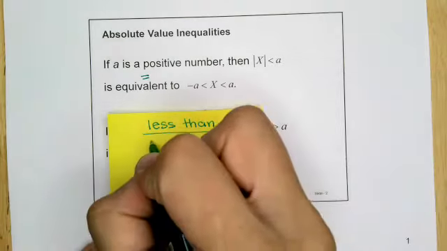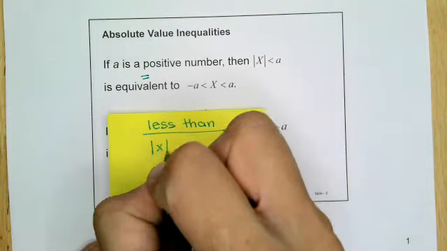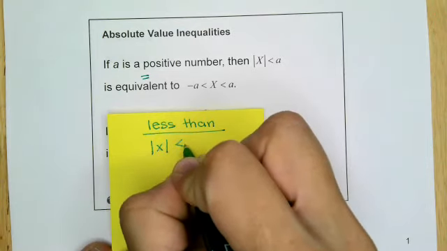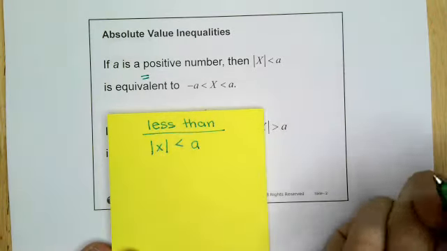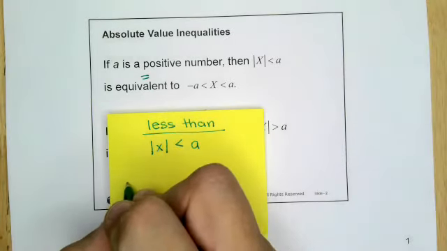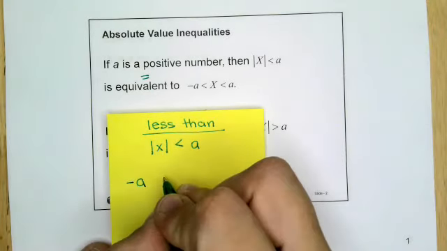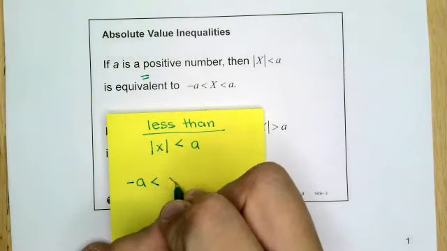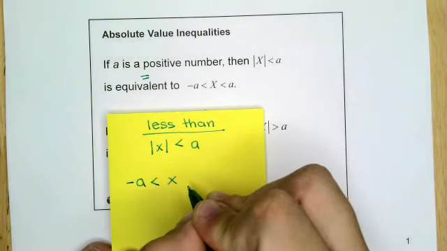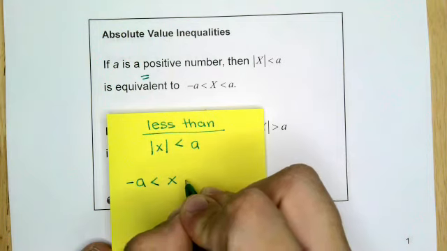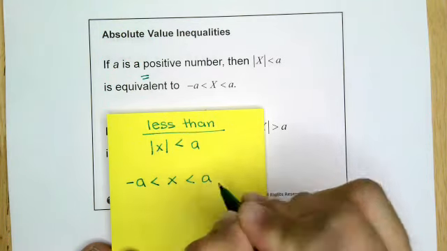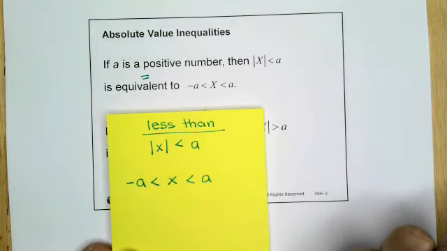So if the absolute value of x is less than a, then what I write is the opposite of a is less than x, and x is less than positive a. Okay?